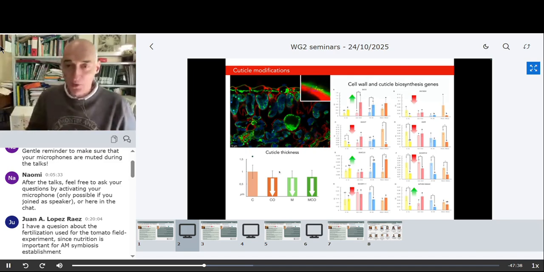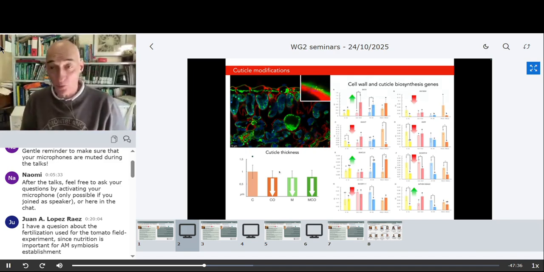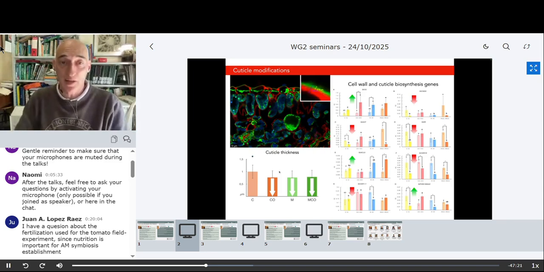So the picture is not at all clear, but what is very clear is that there is an important effect of the CO treatment and of the mycorrhization treatment on the composition, possibly of cutin. This is what we are missing, of course. We could not do a biochemical analysis of cutin for the moment, but there's a change in thickness, there's a change in gene regulation.